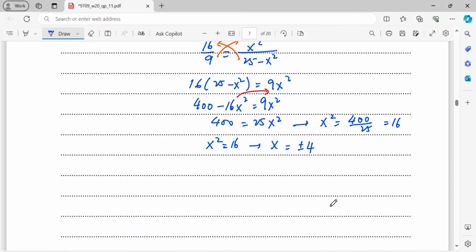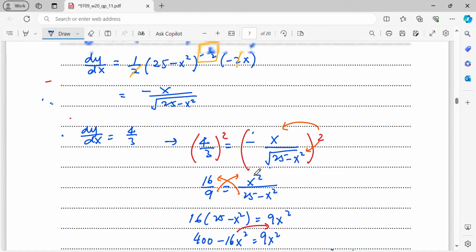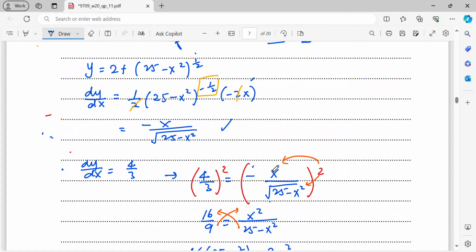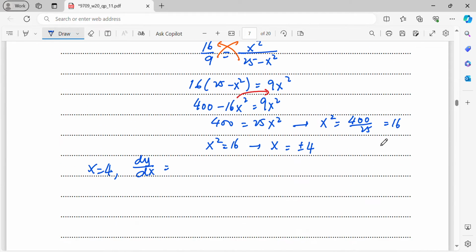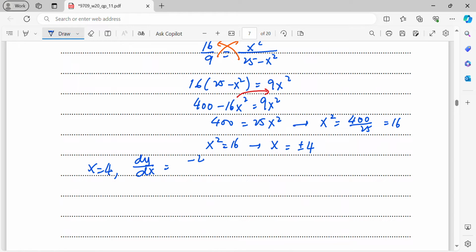So now I will just substitute back into my dy dx. When my x equals 4, my dy dx is this expression. So I will get dy over dx is negative x over square root of 25 minus x squared. So negative 4 over square root of 25 minus x squared.